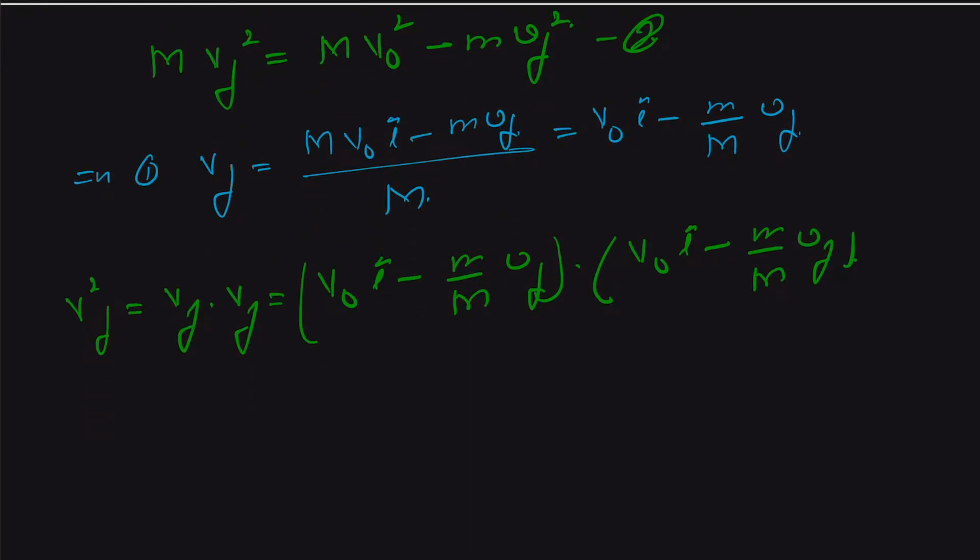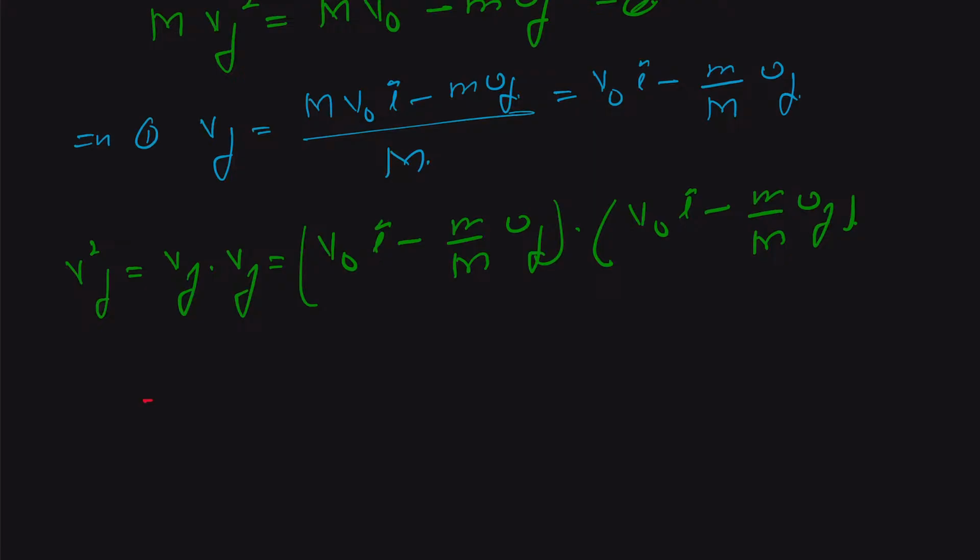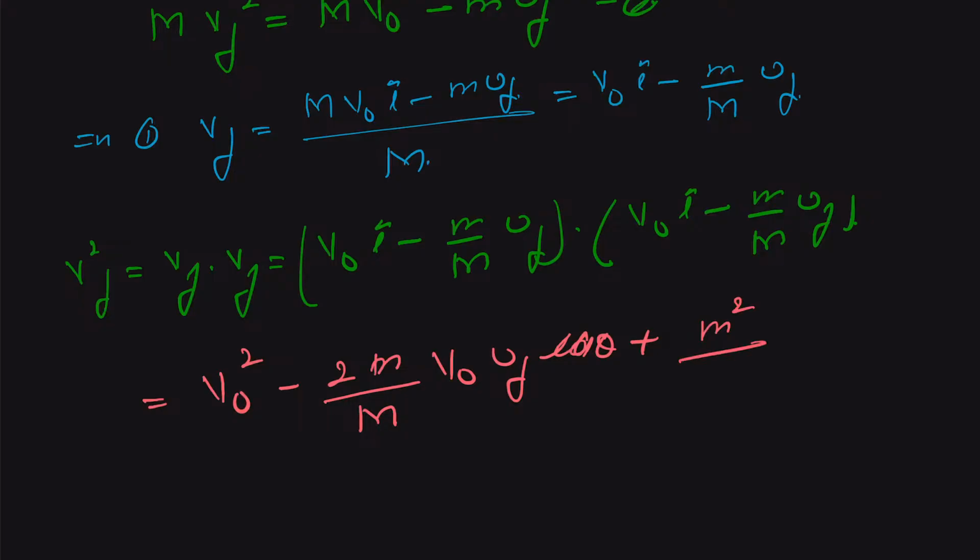And now it's a simple calculation. We get v naught square minus twice M upon m v naught V_f cos theta plus M square upon m square V_f square.